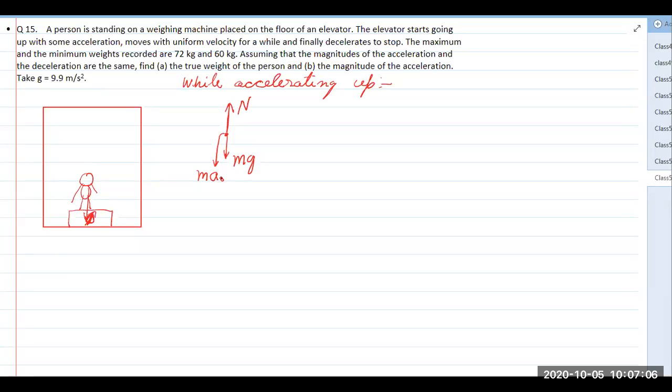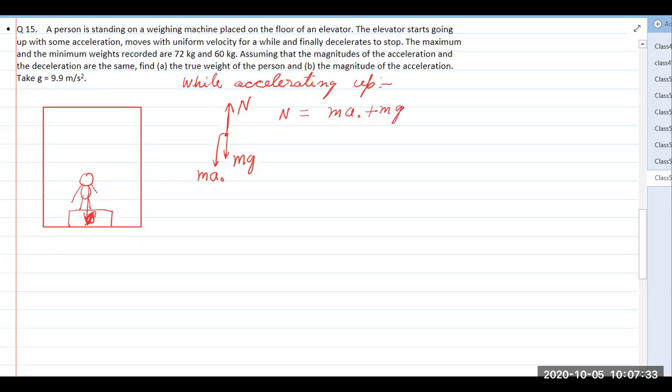We have already discussed that the weight shown by any weighing machine is the normal reaction provided by the weighing machine to the object kept on it, or to the person who is standing on it. So the normal reaction decides how much the weighing machine is going to show. In this case, N is ma0 plus mg.